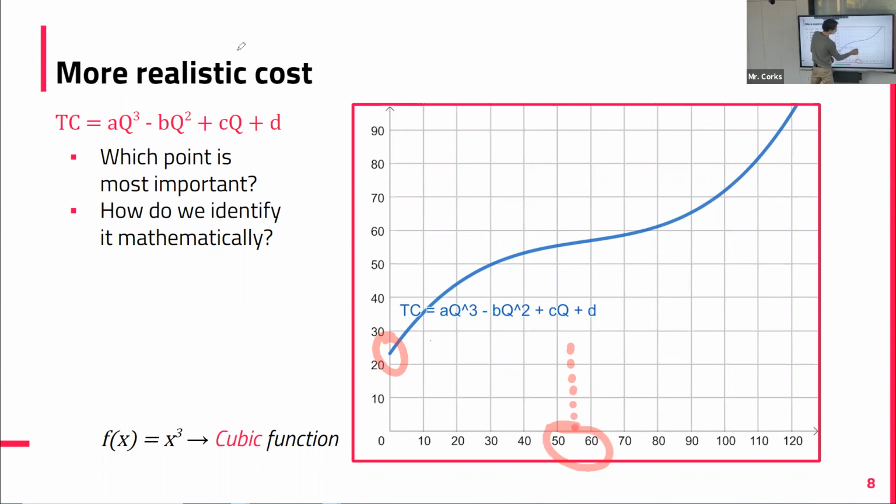Why is this a nice point? We don't know about the break-even point if we need the total revenue, but just looking at the cost curve, what's nice about this?